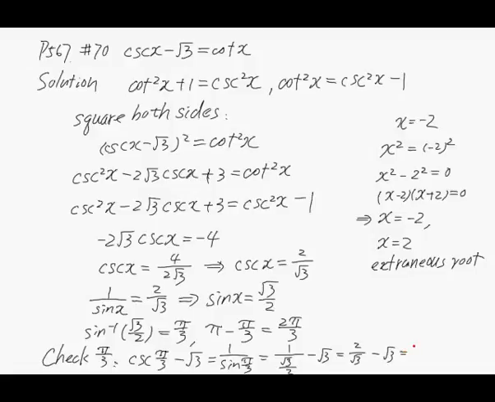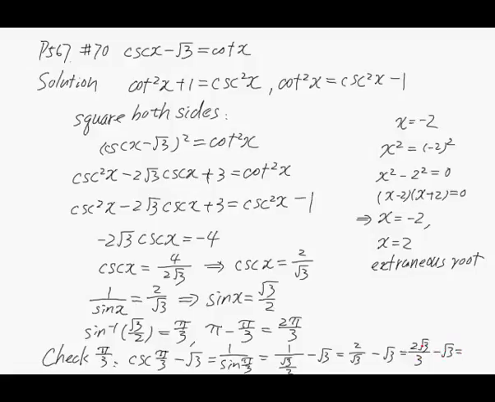You multiply both the numerator and denominator by root of 3. So you have 2 times root of 3, and the denominator, the square of root of 3, is equal to 3. So you have 2 times root of 3 over 3 minus root of 3.